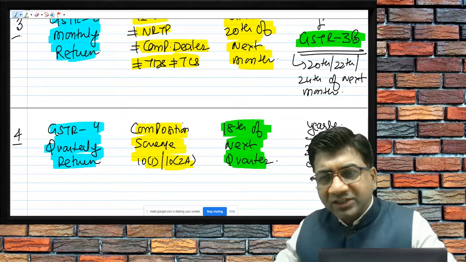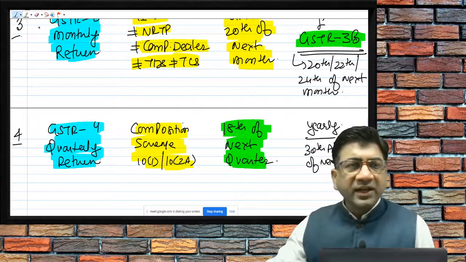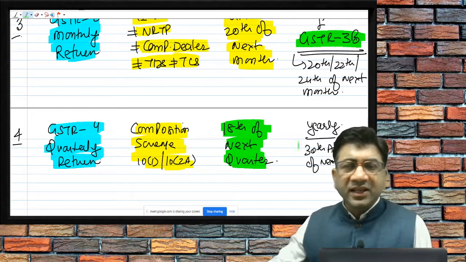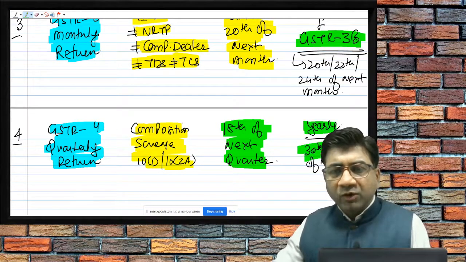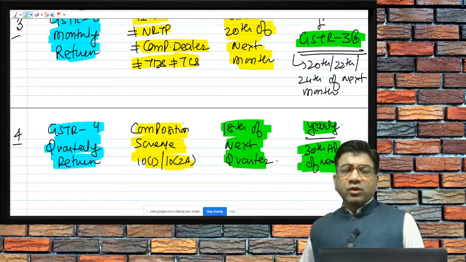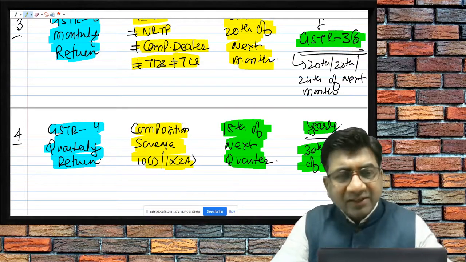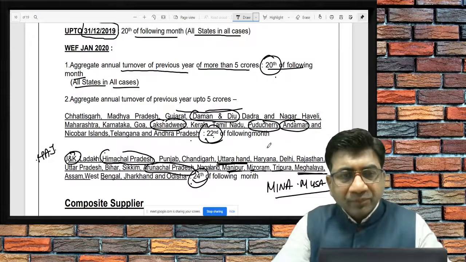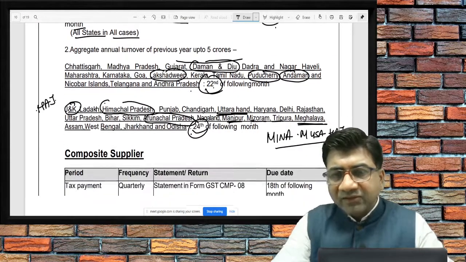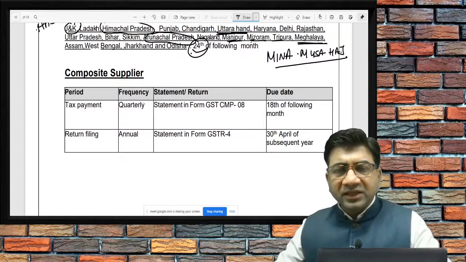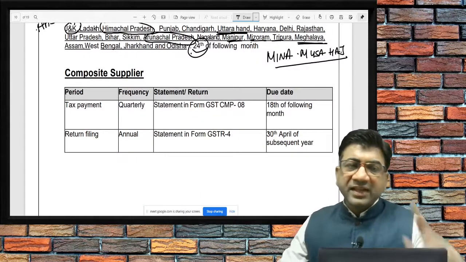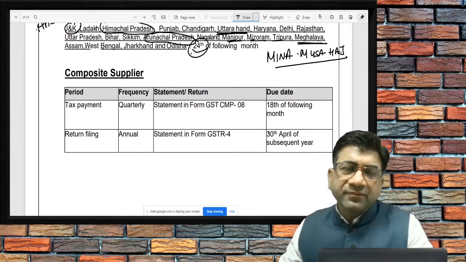See how many changes the government has brought about to make it business friendly. Instead of quarterly, they have now made it yearly. The composition supplier will file GSTR 4 by 30th April of the next year, but they have to pay taxes quarterly.